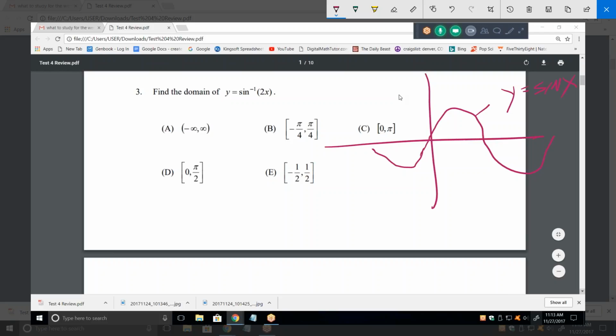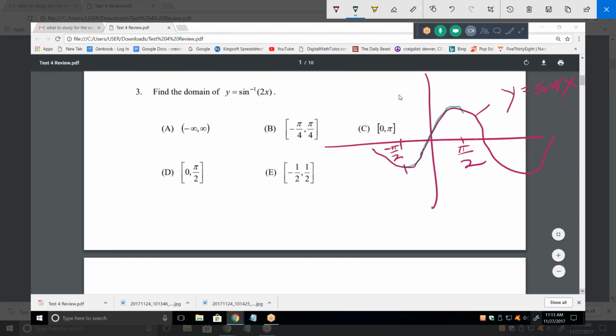I'm going to end up with something that's not a function. Since I want its inverse to be a function, I've got to restrict this domain. And it's restricted with the sine function from minus pi over 2 to plus pi over 2. In other words, this part of it right here.